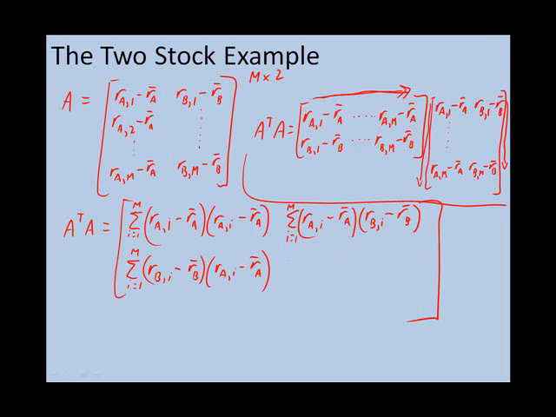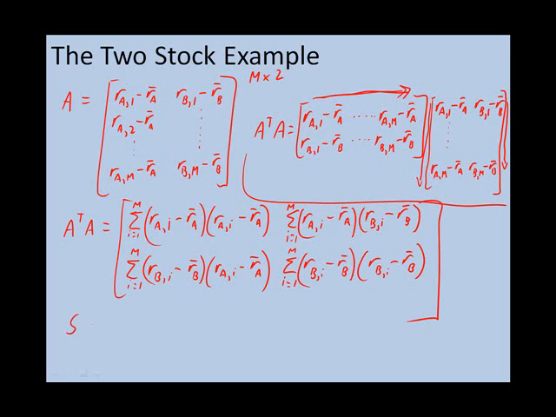And then finally we've got the last element of the matrix A transpose times A. And this is going to be all about asset B. We've got RB at each time period minus the mean for B, all multiplied by RB in each time period minus the mean.